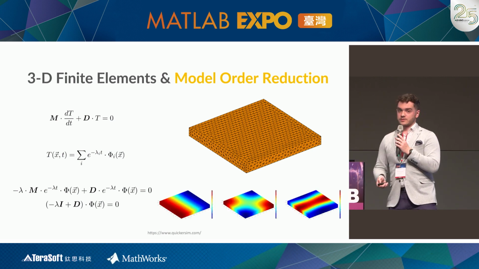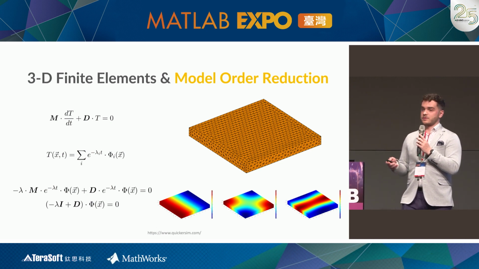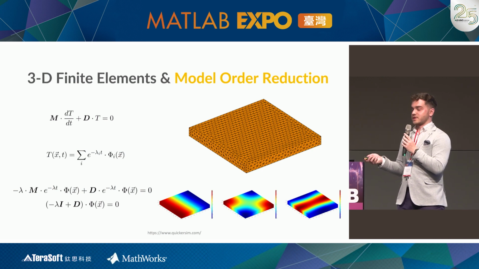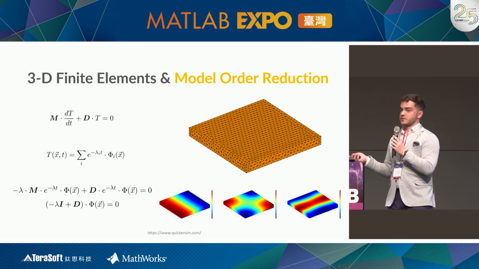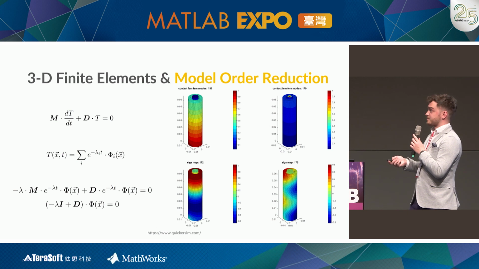This is quite similar to what we usually do with, for example, structural simulations of beams, where we would like to simulate the vibrations of those beams. We also use the eigenmodes. So it's a very similar approach, but for temperatures.